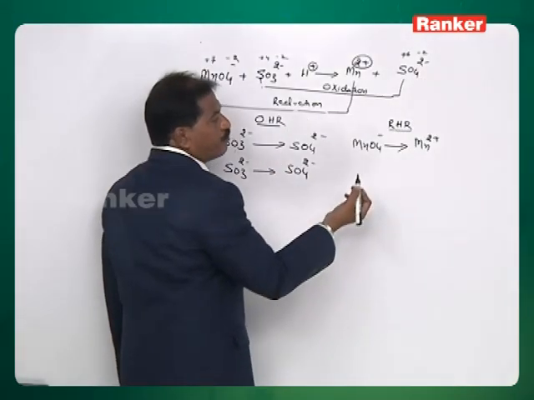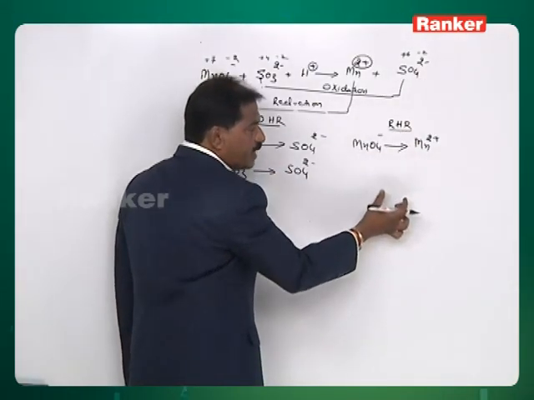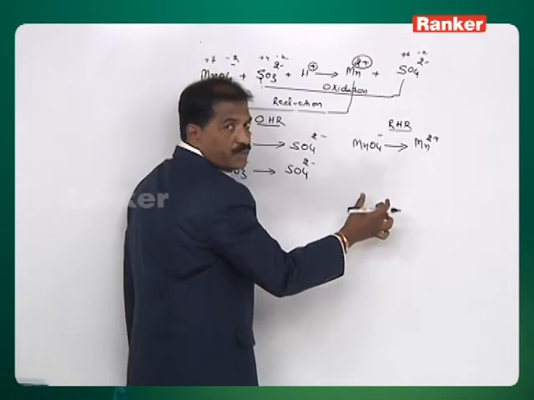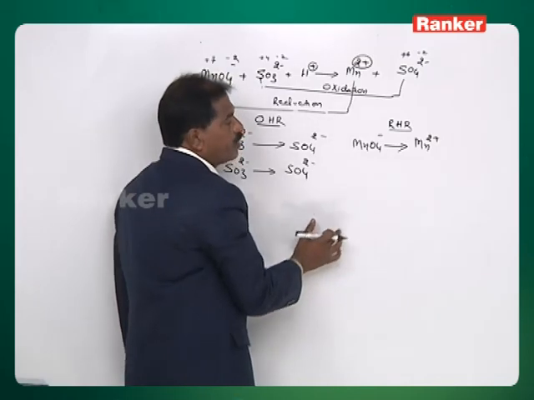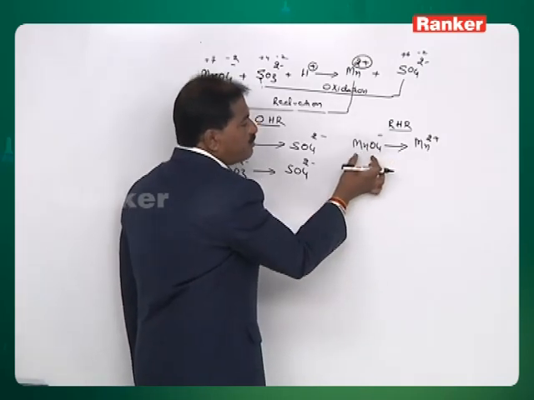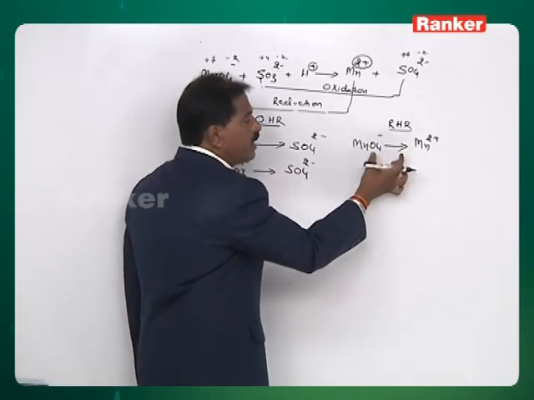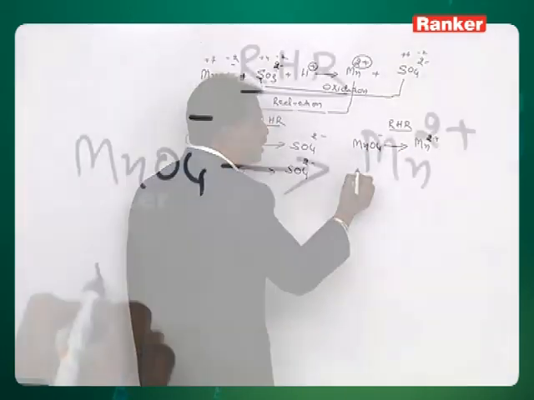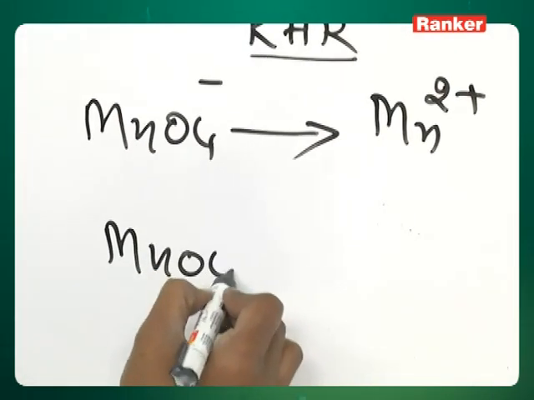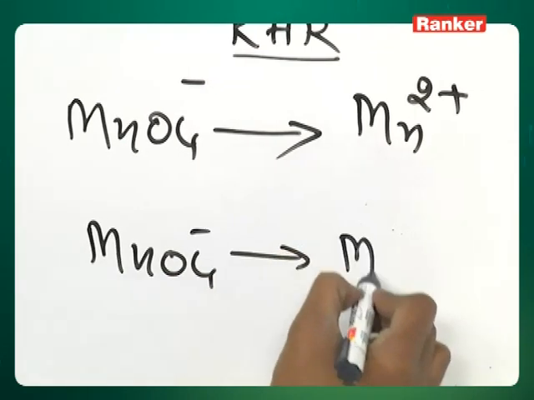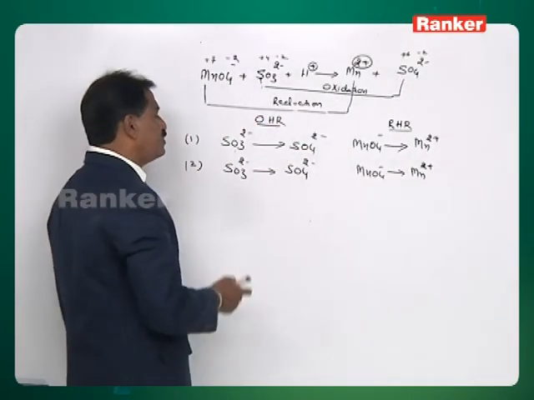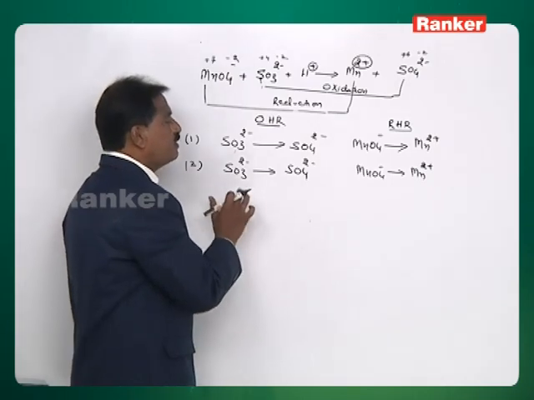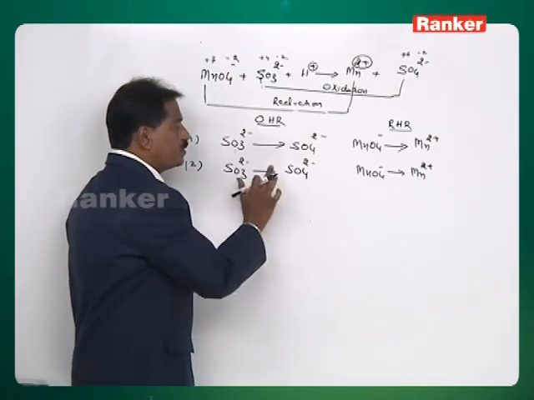Similarly, in the second half reaction also, in the first step, balance all atoms except oxygen and hydrogen. Here, except oxygen and hydrogen means manganese. The manganese atoms are already balanced, therefore you carry the reaction as it is. This is the first step.